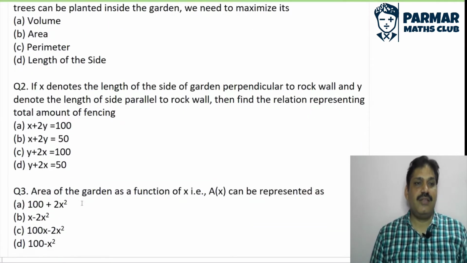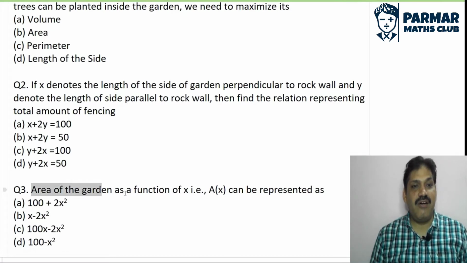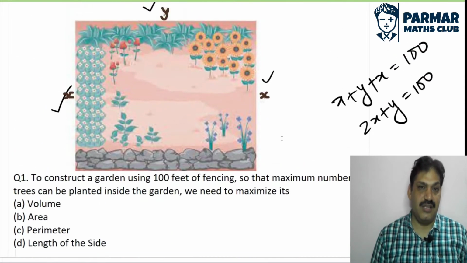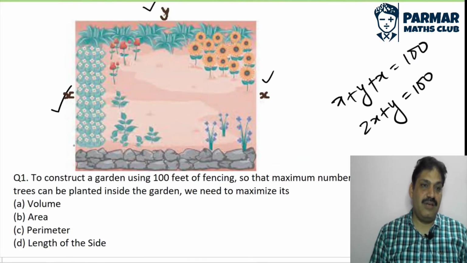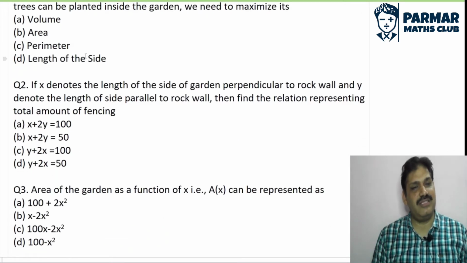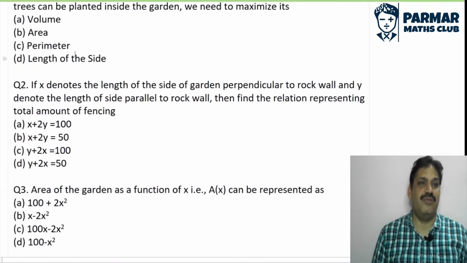Well, the third question is, area of the garden as a function of x can be represented as. Suppose you were having some confusion here that it can use perimeter, like in class 11th we discussed a question in which at equal distances some trees were to be planted. That is a different case study. So if you read the whole case study, you will easily find out what you are to do.